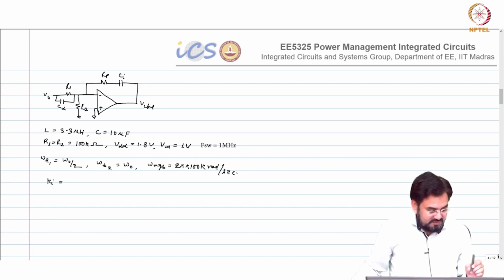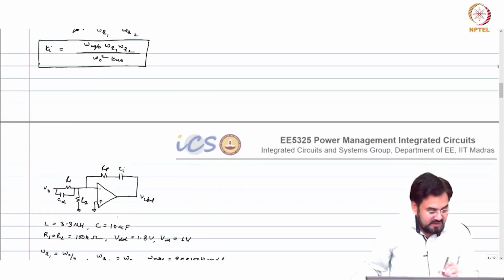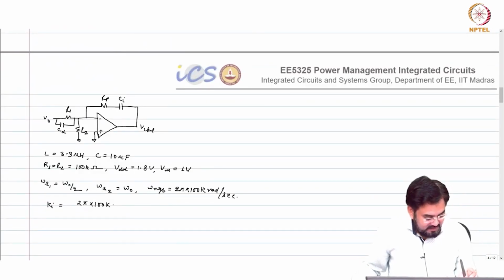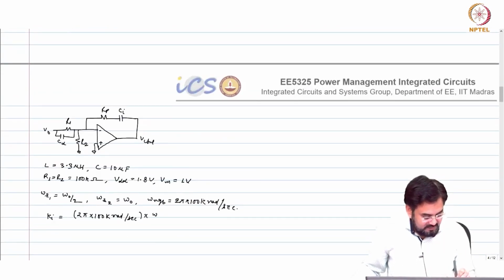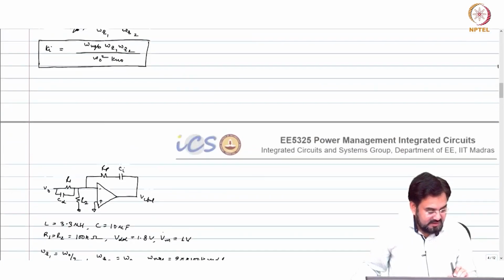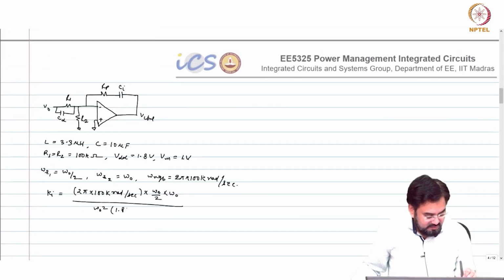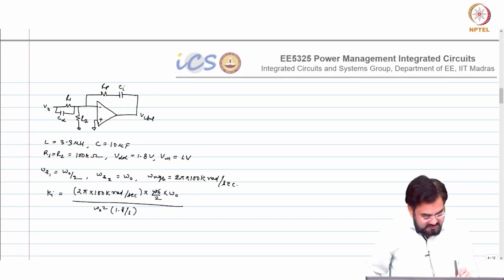So let us substitute those values. Omega UGB is 2 pi into 100k radian per second. Then you have omega naught by 2 into omega naught divided by omega naught square, and this is nothing but 1.8 by 1 volt. Okay. So this will get cancelled out.